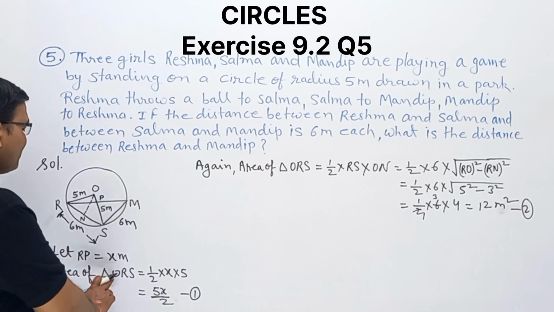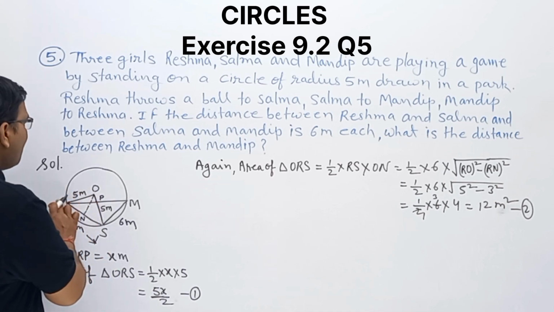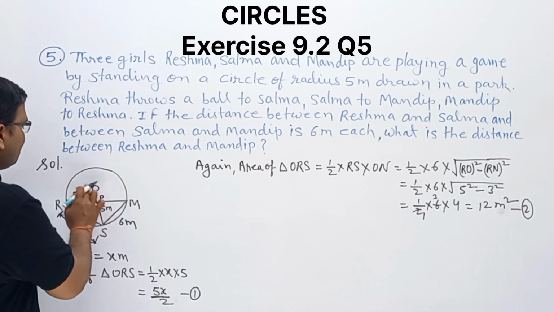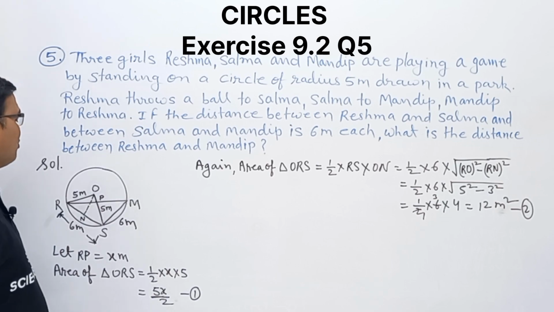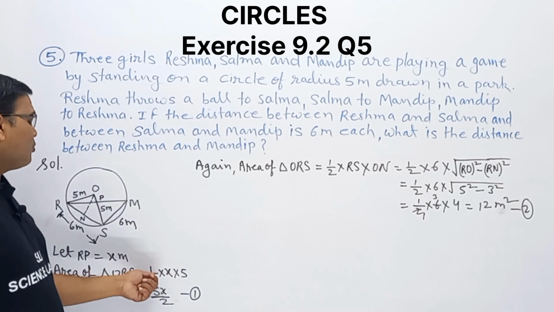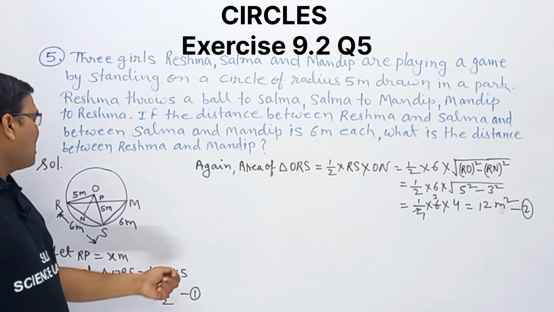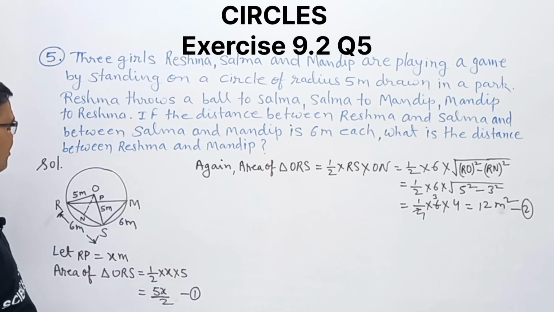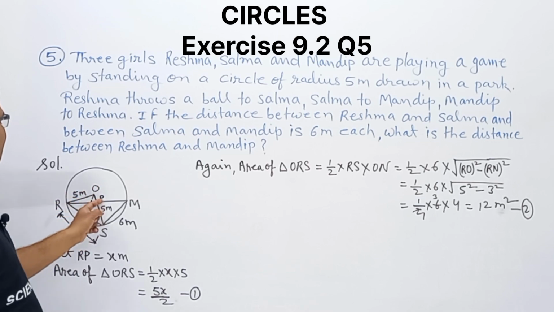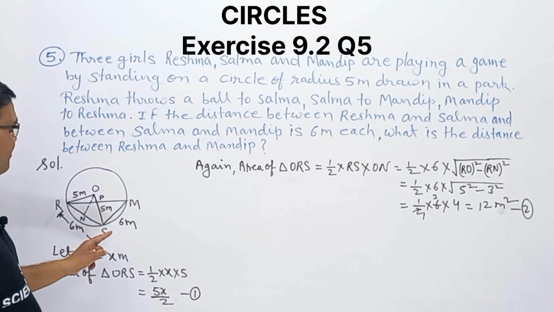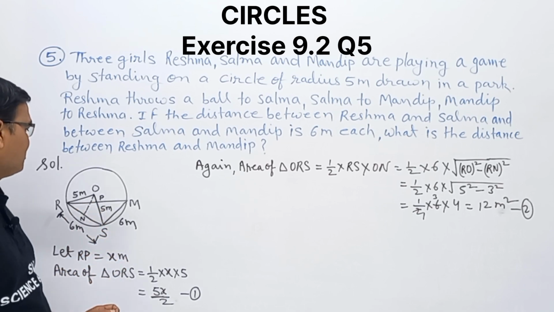Now area of triangle ORS. We know well that area of a triangle is 1 upon 2 base into height. So in this triangle RP is the height and OS is the base, and it is 5 meter.